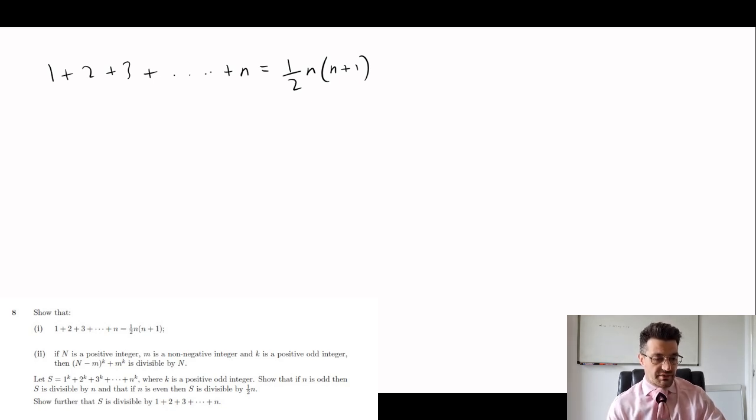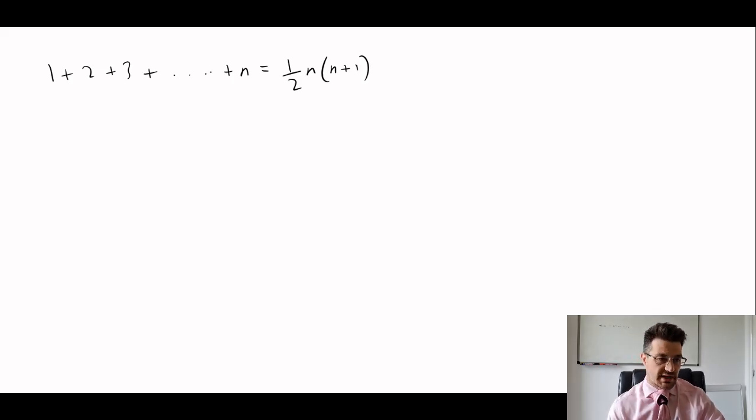It's basically an application of the formula for the sum of the first n terms of an arithmetic series. So hopefully you are familiar with arithmetic series. If you're not, then by the time you get to your STEP, something's wrong. So you can prove it that way, or if you're familiar with proof by induction, you could prove this by induction.